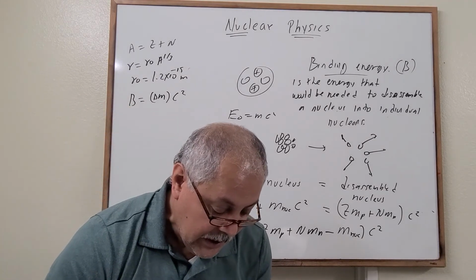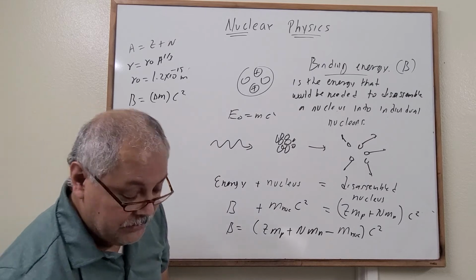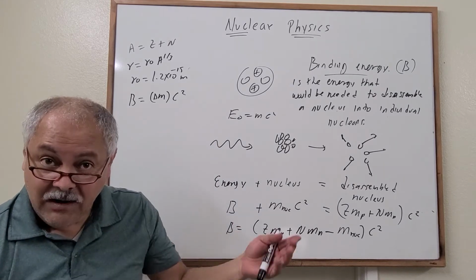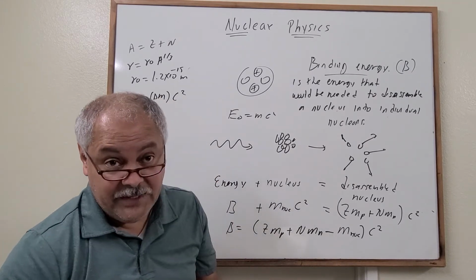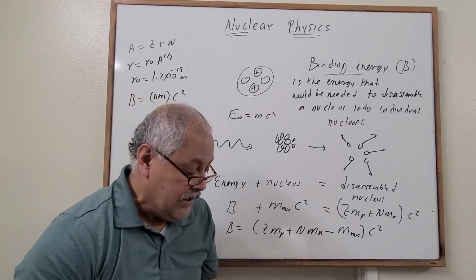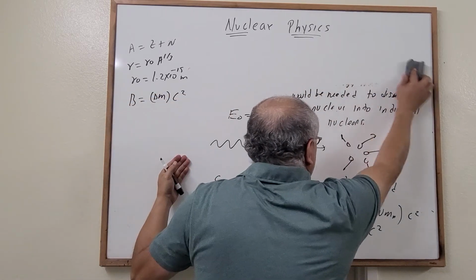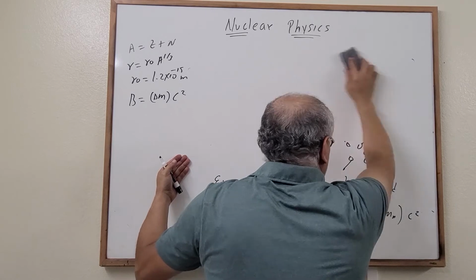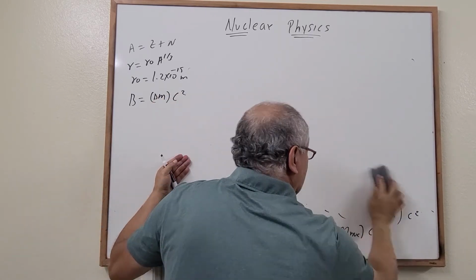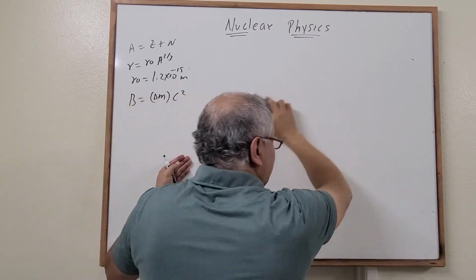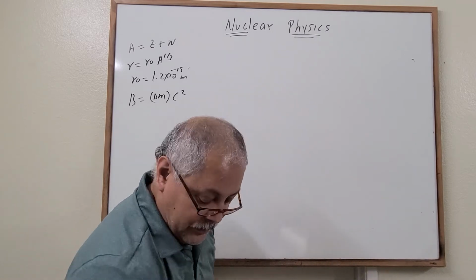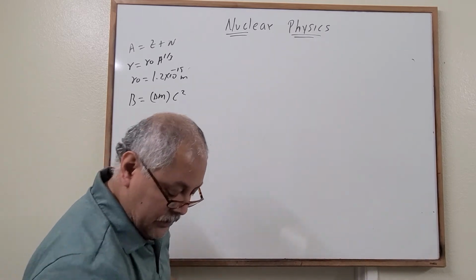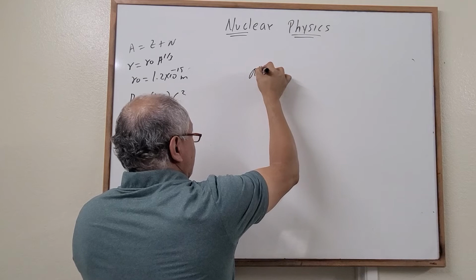Let's do it. Remember, the mass that we have on the periodic table is the mass of the atom, including the mass of the nucleus and the mass of the electrons. Correct? That's the mass of the atom, right? Atomic mass.